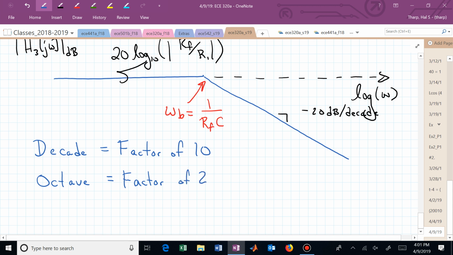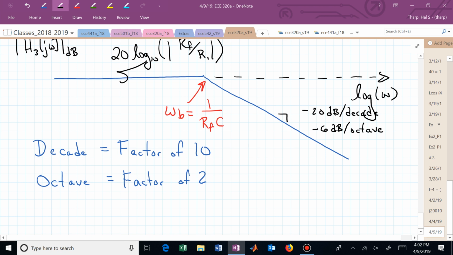The slope then is minus 20 dB per decade, or it's minus 6 dB per octave. So if you didn't want to go quite as far, you don't go down as far. If you just needed to go a factor of 2, an octave higher in frequency, and then see where you're at, now you would be dropping down at minus 6 dB per octave.